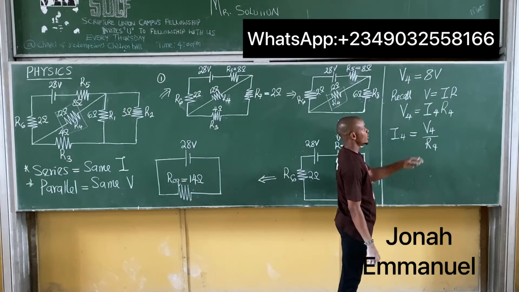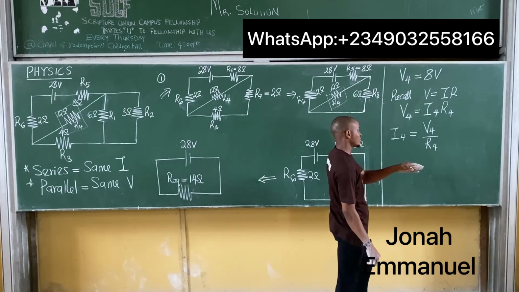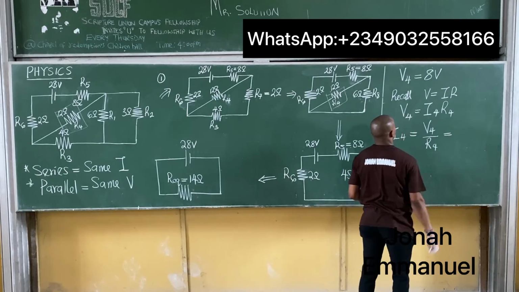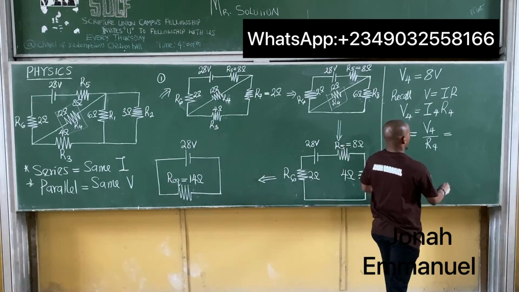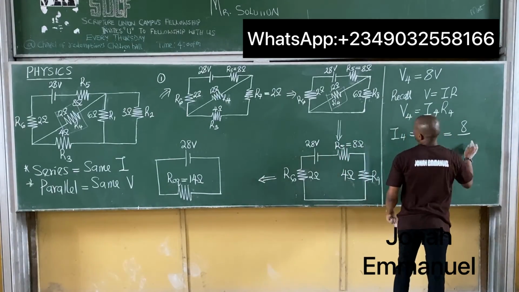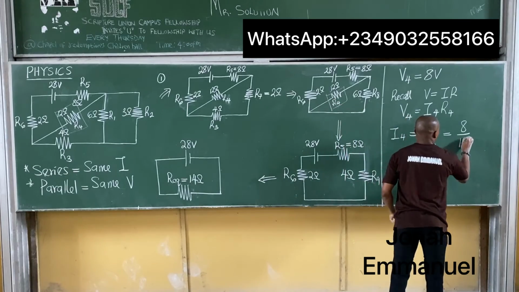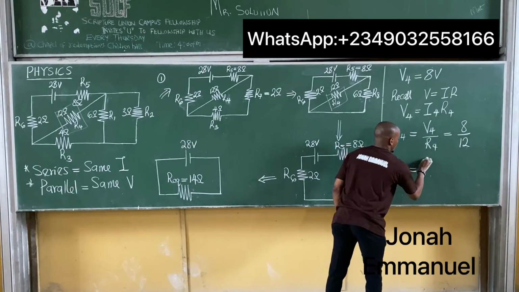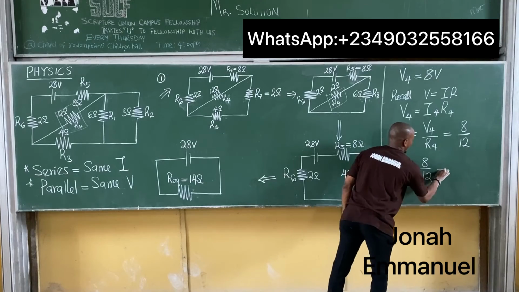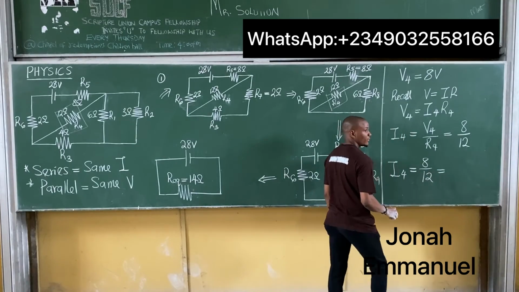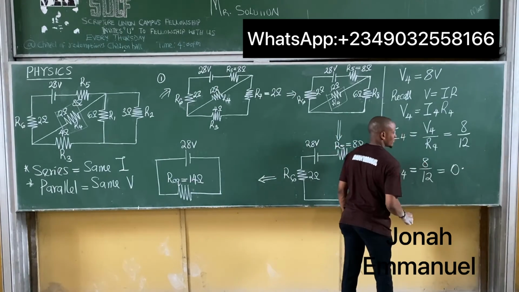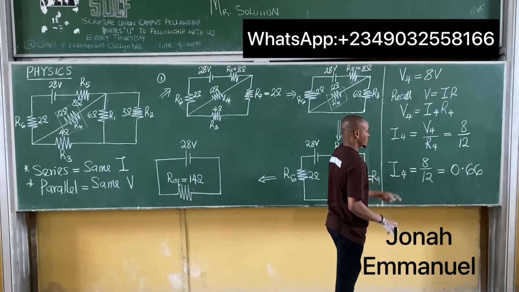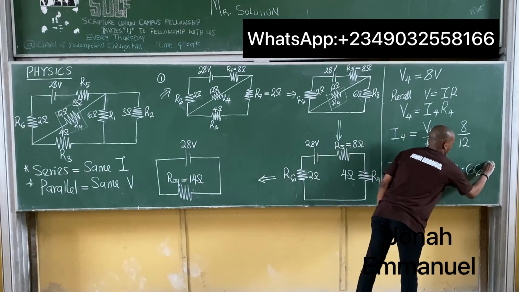Make I4 stand alone. You have this, or according to the formula, you have this. That's equal to what's V4? 8 all over what's R4? 12. That means I4 is equal to 8 over 12. In this one we have 0.66 amperes.